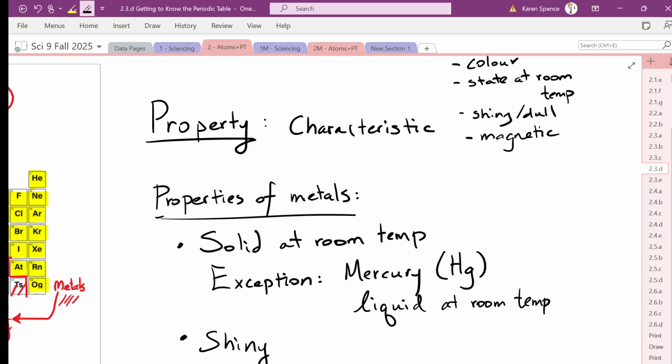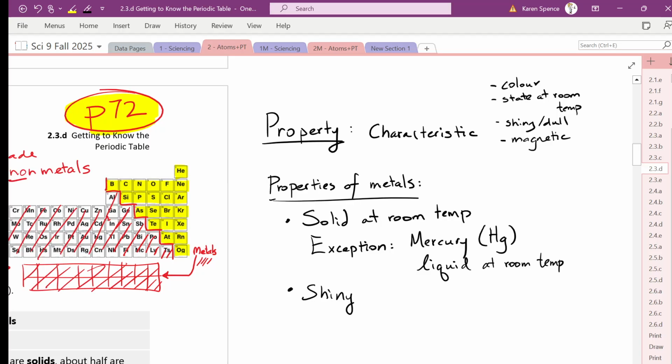And lots of people think that all metals are magnetic. Are all metals magnetic? No. In fact, most of them are not. It's actually iron, cobalt, and nickel. I was hoping we might have some nickel in the back room, but I could not find any. I'm going to see if I can get a supply for next year. But really, most of them are not magnetic. If you ever get to study magnetism, it's really quite exciting why they do that. It has to do with their electrons and how they spin, which is cool.